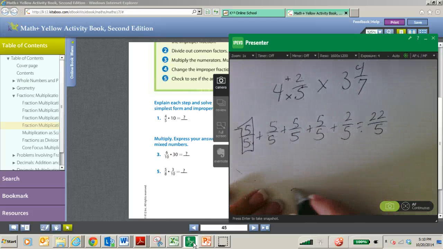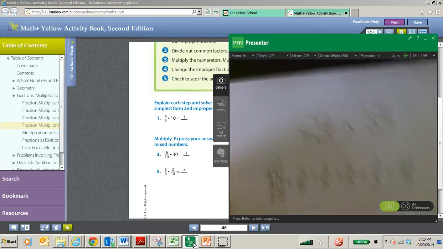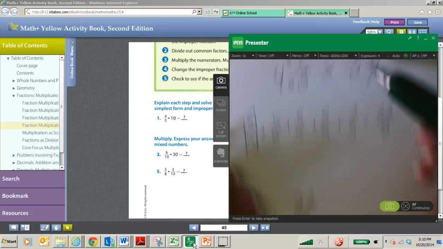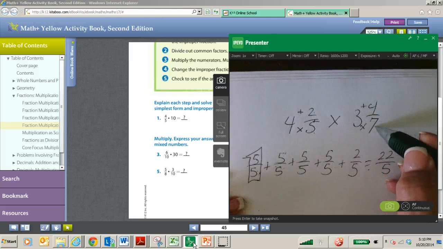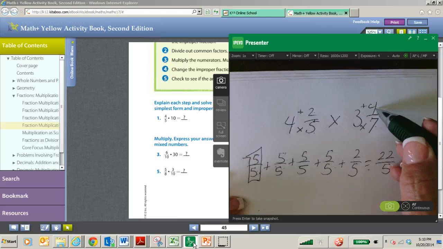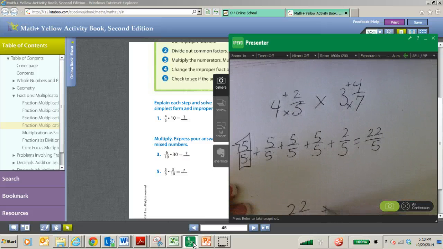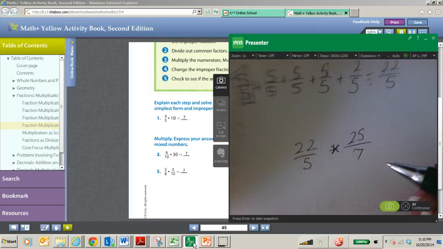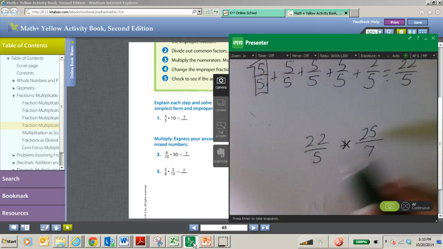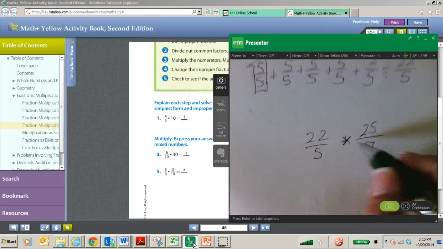We don't want to just teach this little trick without them understanding what it actually means. So if we have 22 fifths, and then we'll go back up here and I'm going to multiply, then add 21, and then add 4 more to be 25. 25 over 7. Now this is where students could cross simplify.